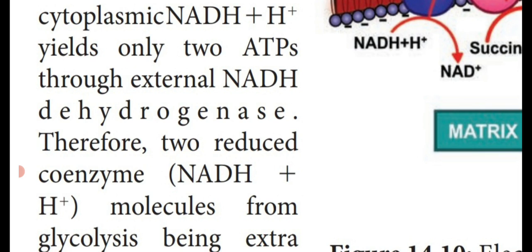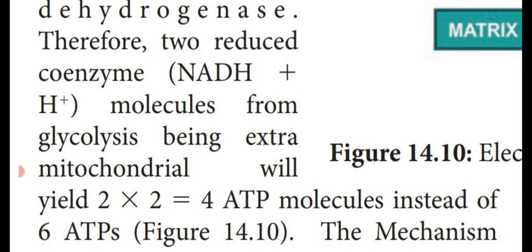So, glycolysis takes place in the cytoplasmic region only. In the glycolysis process, 2 NADH2 molecules are there, so 2 into 2, 4 ATP molecules are produced in glycolysis.